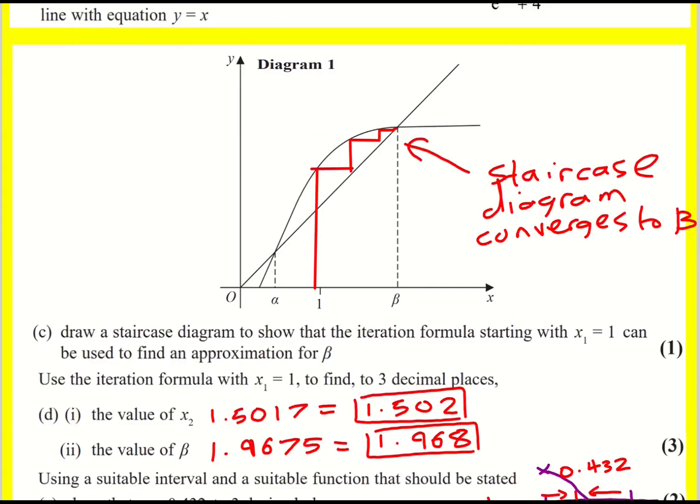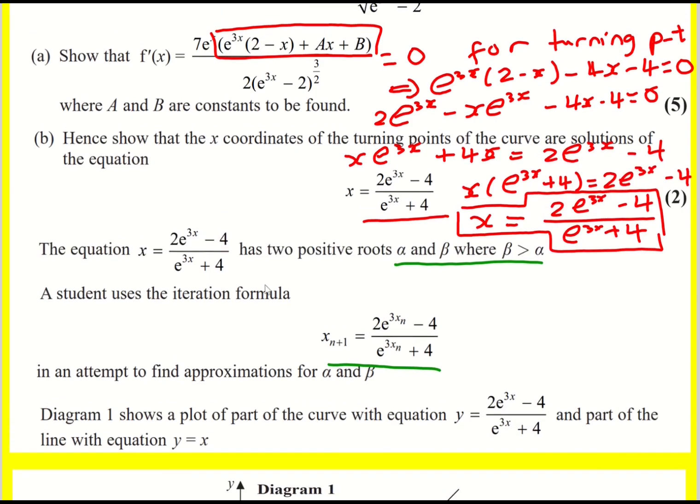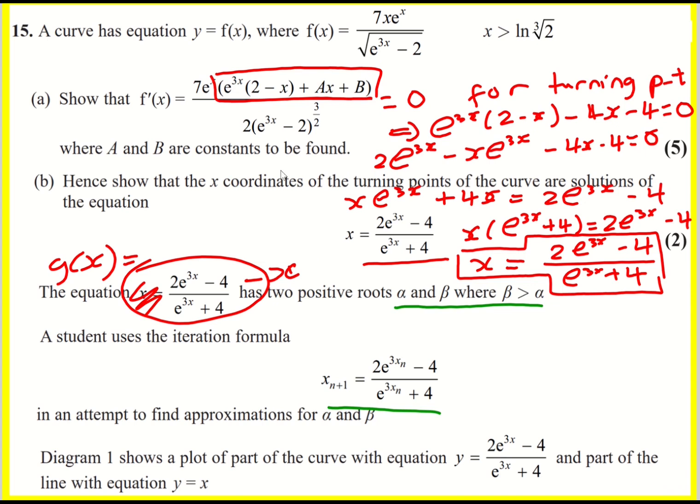So what we need is a suitable function. In the mark scheme, I didn't actually think to do it like this. They decided to use this and subtract x and then call that the function. So then we're interested in where g of x is equal to 0. That will work absolutely fine. I'm just going to go with what I did. I actually decided to go back to before we'd rearranged it.